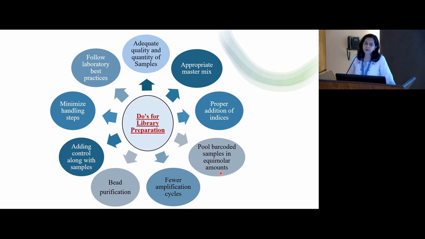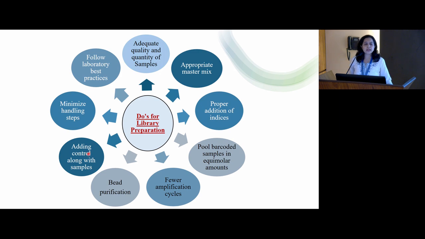As Swapnali has shown in his slide, if you do not add equal amounts of the samples, you will get results in a very different way. Some samples may get more reads and some may not. So equimolar amounts are important. Fewer amplification cycles can increase the efficiency of your NGS data. Bead purification and cleanup are most important, and also the addition of a control sample, like if you wish to add OCIML3 for AML samples, we add it.